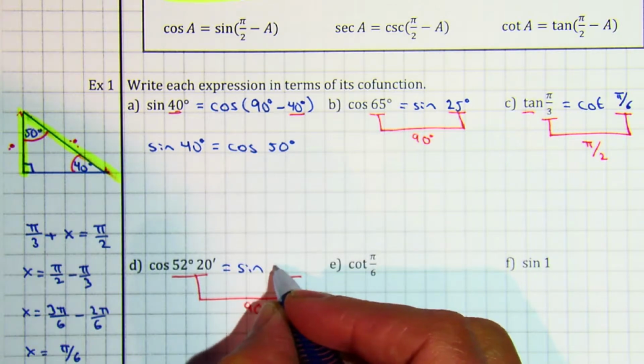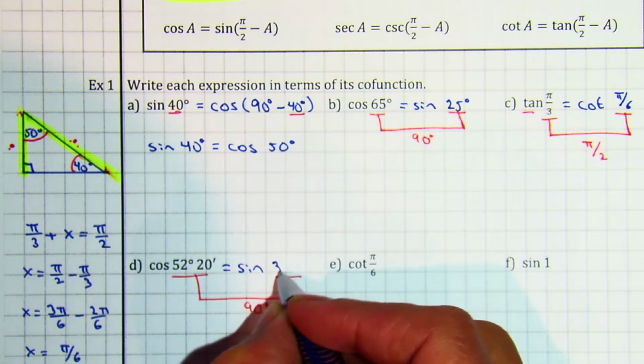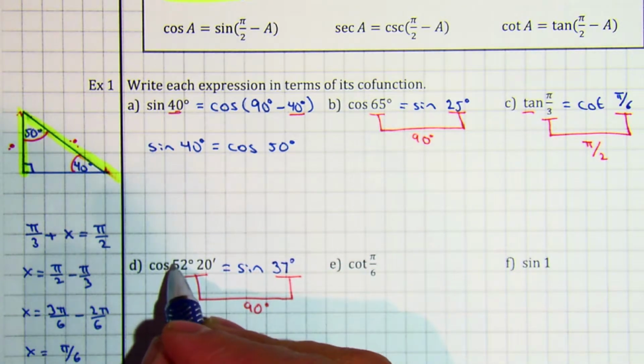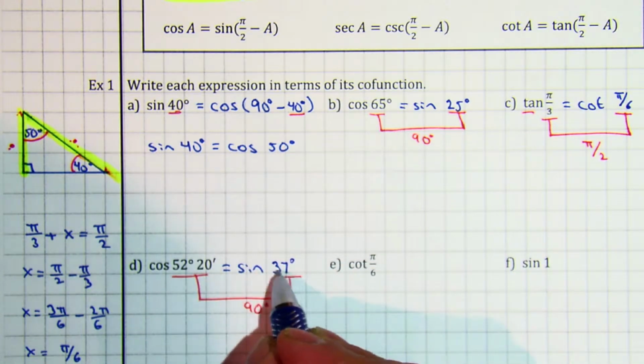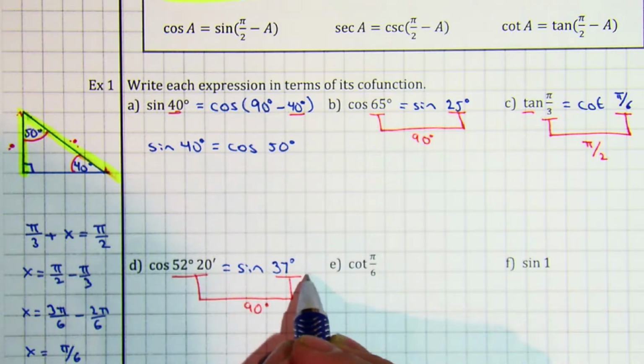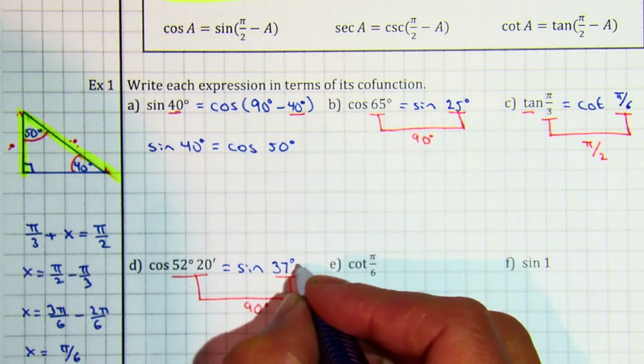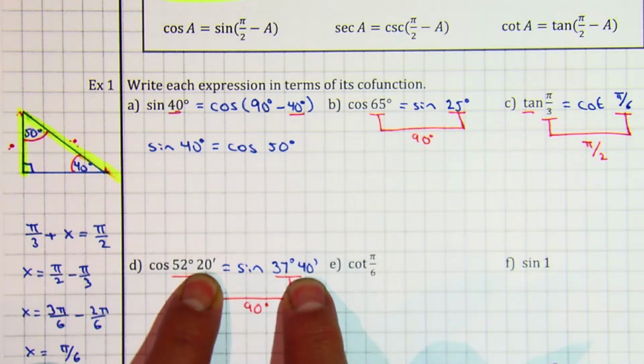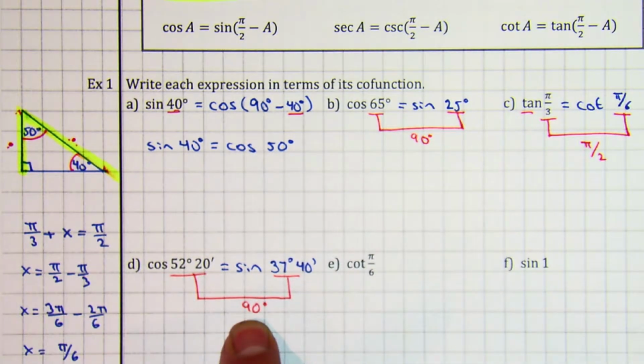That'll be 38 degrees. But in this case, it'll be 37 because that'll give me 89. This is 20 minutes. How many more minutes to get to a degree? Correct, 40. Correct, that'll give you 1. And 89 gives you the 90 that you need.